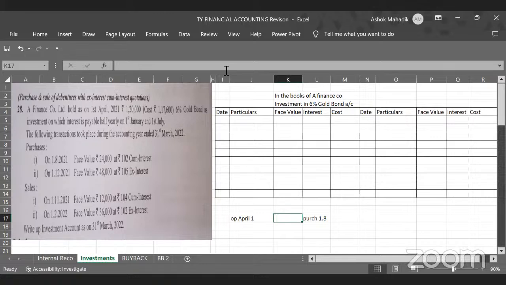On 1st July we are getting interest. Then purchase is there on 1st August. Then on 1st November a sale is there.